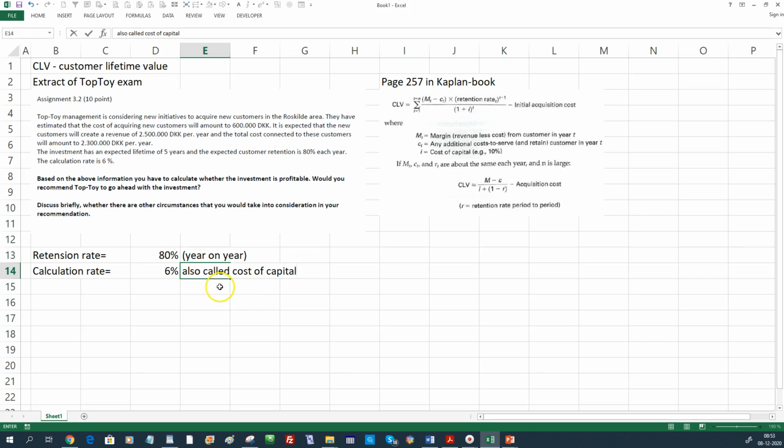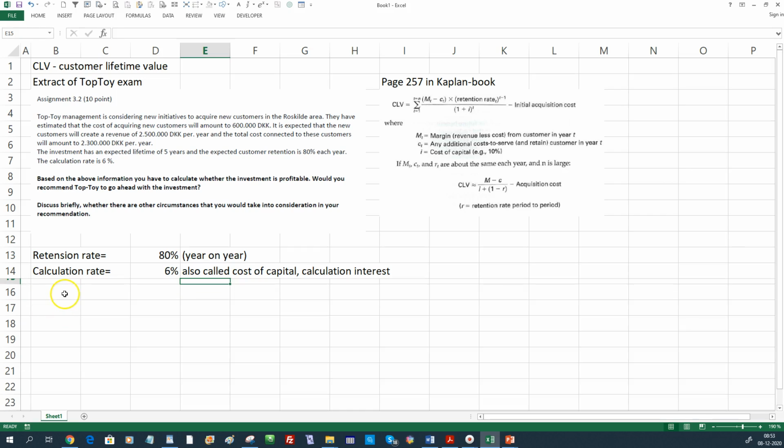Well, that's the most likely other word you would find. Calculation interest, maybe. Okay, so then if we get it, I will just make this a little bit smaller so we can hopefully fit it all in.